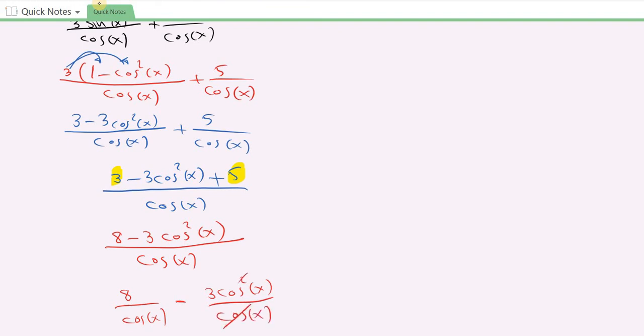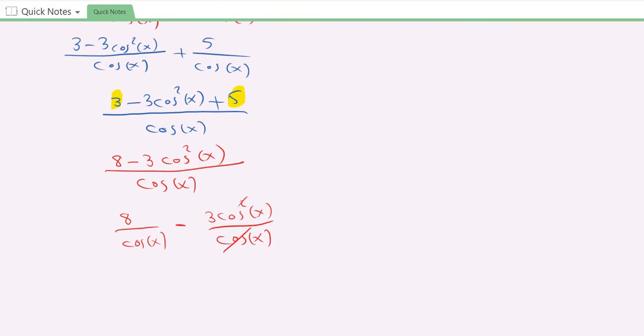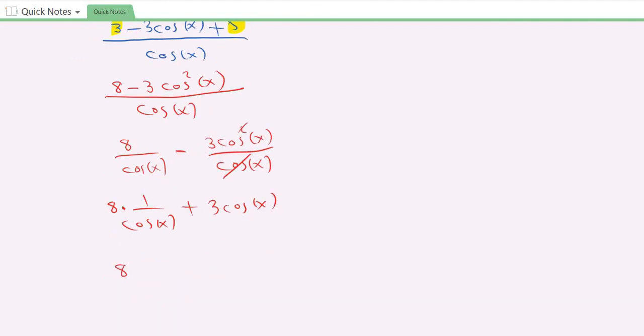One of these cosines is going to cancel with the bottom one, and then I'm going to end up with 8 over cosine x, which is essentially 8 times 1 over cosine x, minus 3 cosine x. And this is basically 8 times secant x, because 1 over cosine is secant. Sorry, that was not a plus, it was minus. So this is minus, and this is minus.